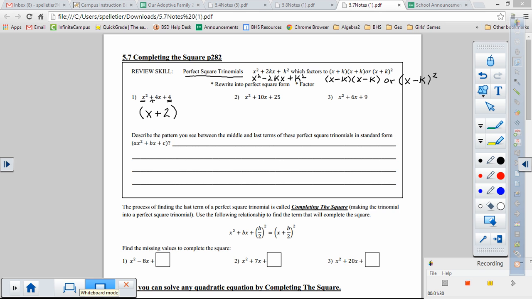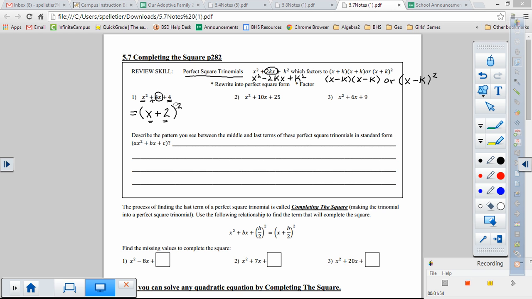It's always important that you take the time to verify that it is in fact a perfect square, which means you would say 2 times x is 2x and doubled is 4x. Remember, the middle term always has to be double the first and last terms multiplied together. So we always have to double check that. And so our answer here is x plus 2 squared.